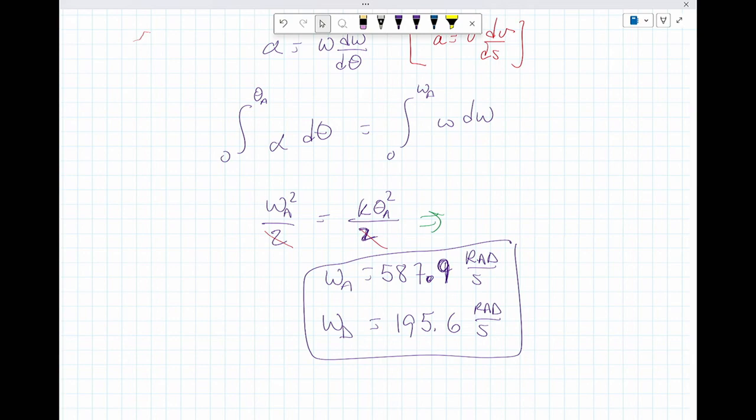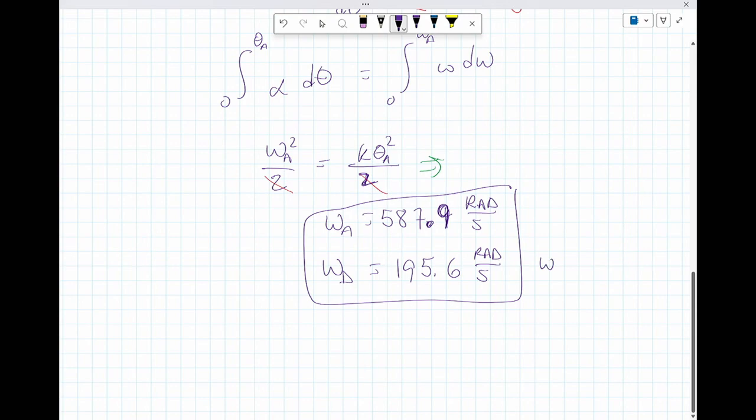So now I have omega A, and I have omega D, and omega C, by the way. And if I want velocity of D, it's straight from kinematics, 195.6 rads per second.